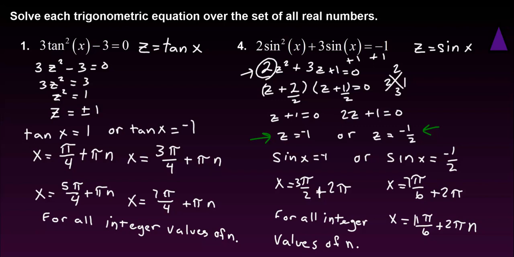And then don't forget, we always add 2 pi n to each of the answers, because we're talking about a set of all real numbers. There's no bounds for these, so that means that we just do the generalized answer, which means that it's for all integer values of n.